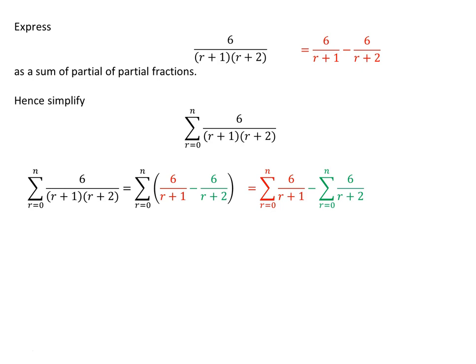And if we write this out longhand, then the first summation starts off with 6 over 0 plus 1, so that's 6 over 1. Next term is going to be 6 over 1 plus 1, so that's 6 over 2. And the next term is going to be 6 over 2 plus 1, so that's 6 over 3. All the way along until the final term there is going to be 6 over n plus 1.